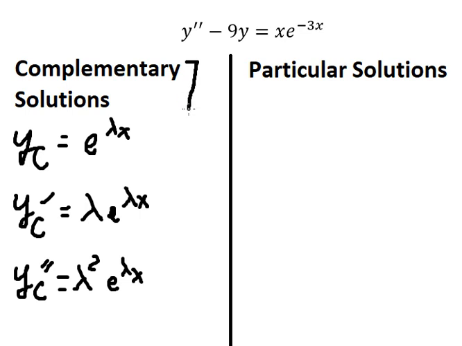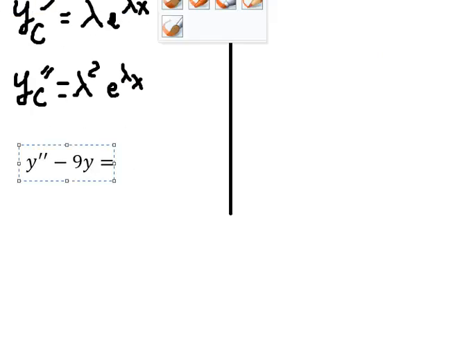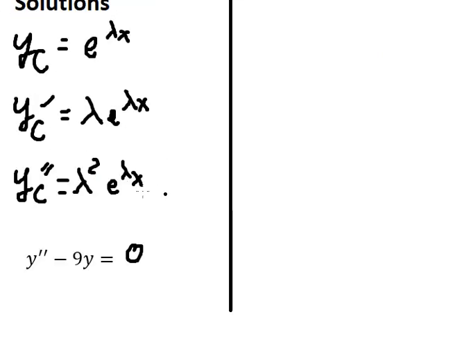Because this is about complementary solutions, I will put this one equal to number 0. So I will put this one in here, and this one in here. So we have like this.